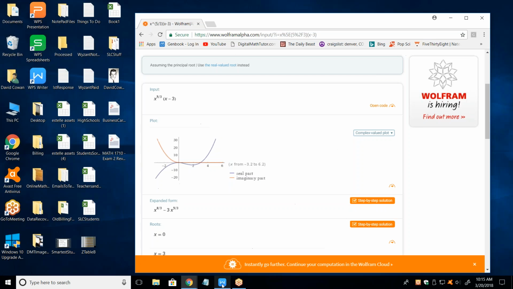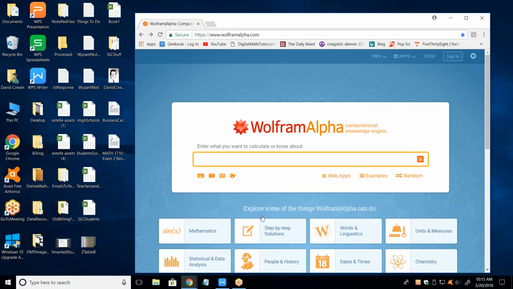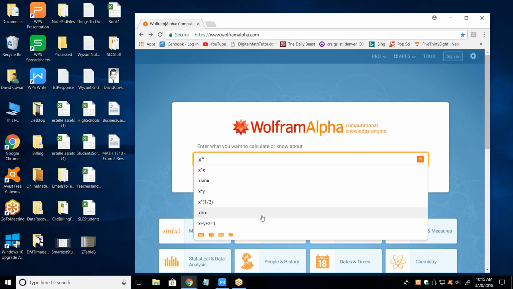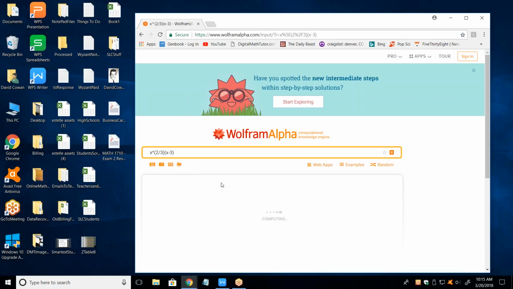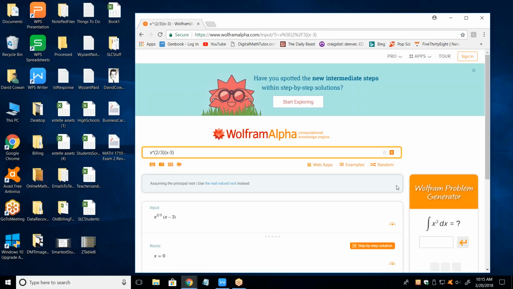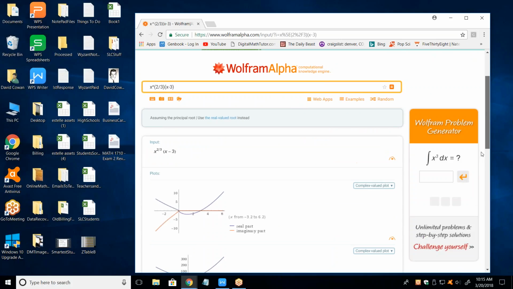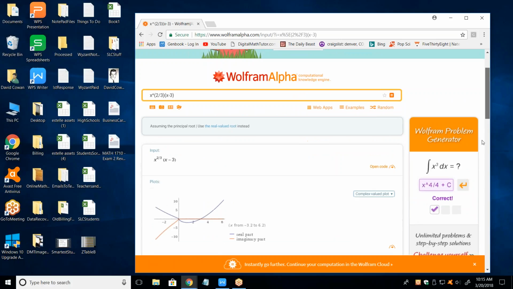It's not x to the 5/3, it's x to the 2/3. I wrote it wrong. It's x raised to the 2/3 times x minus 3. Would that make that big a difference? Would it eliminate all the negative numbers? It didn't. What's going on? How come?